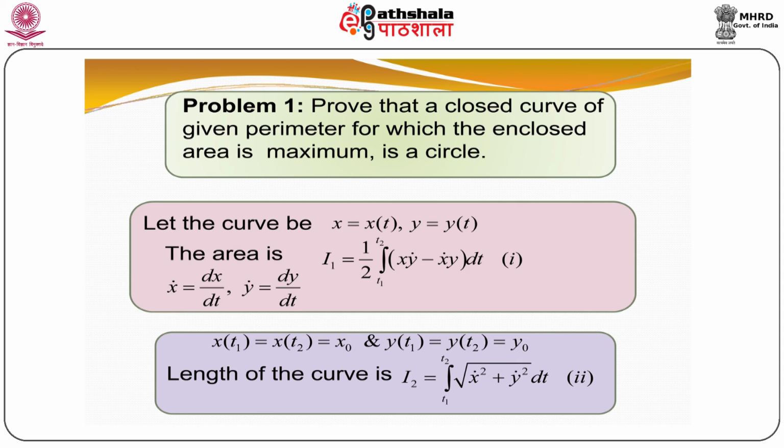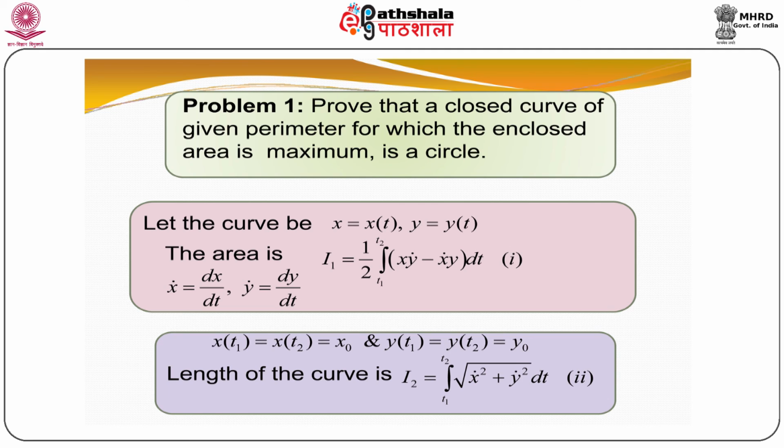Moreover, there is another unknown quantity, lambda, known as Lagrange's multiplier. So, these three unknowns are to be determined using the end conditions given by 8.10 and the constraint relation given by 8.9.